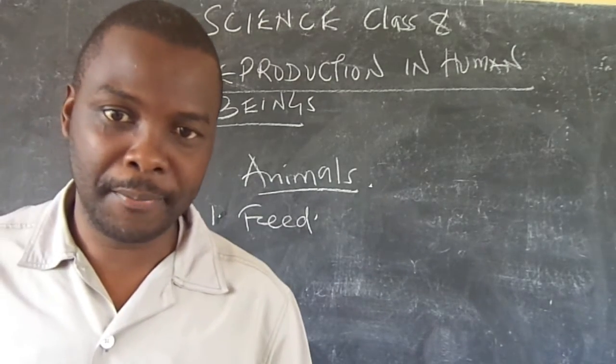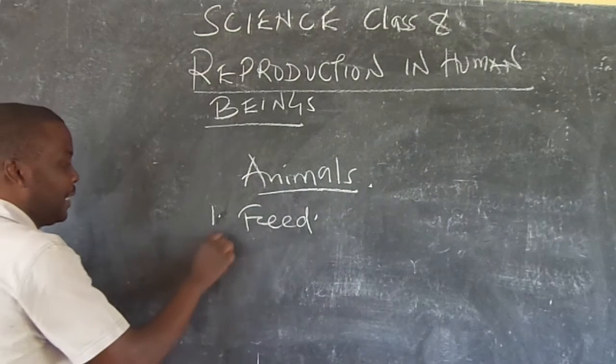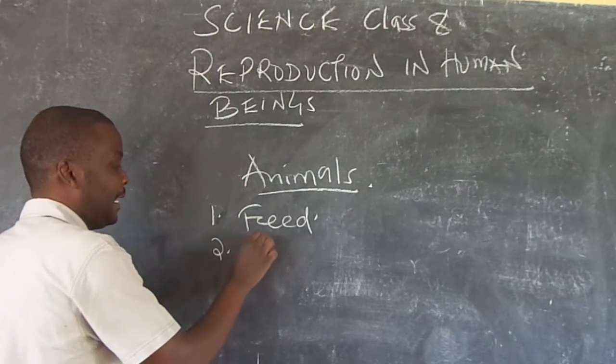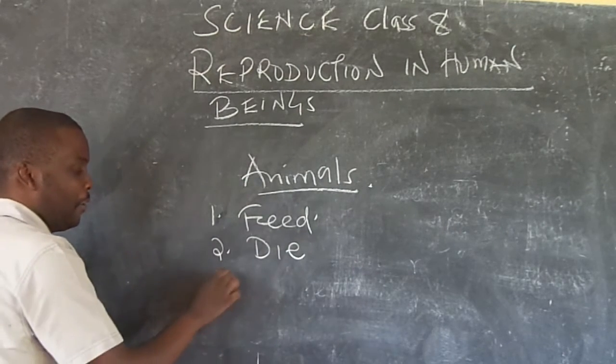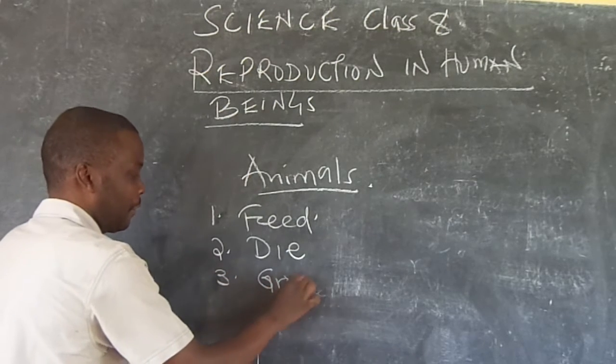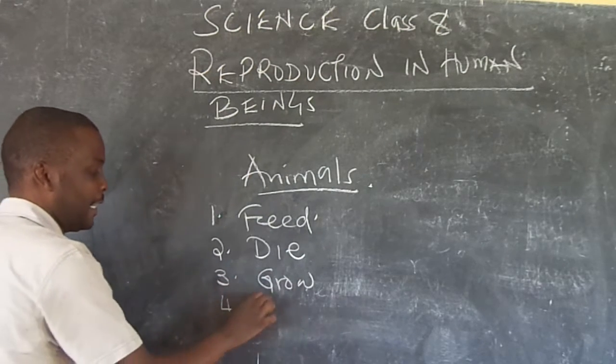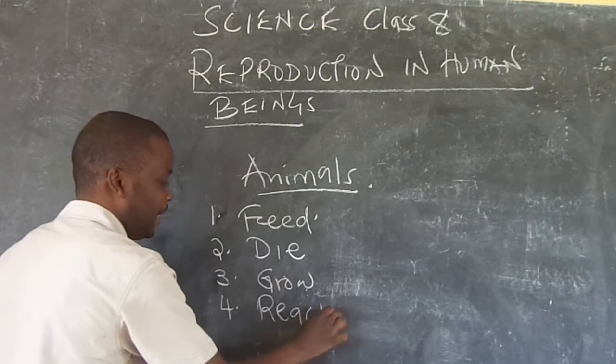they eat something. And then number 2, we also say that all animals die, all animals grow, all animals react to changes in the environment.